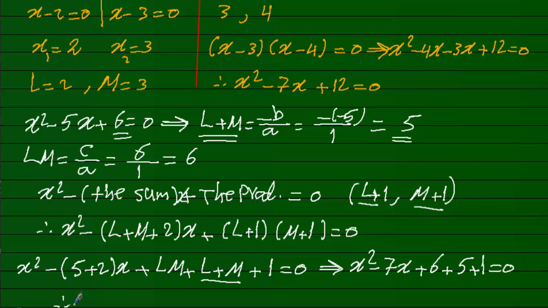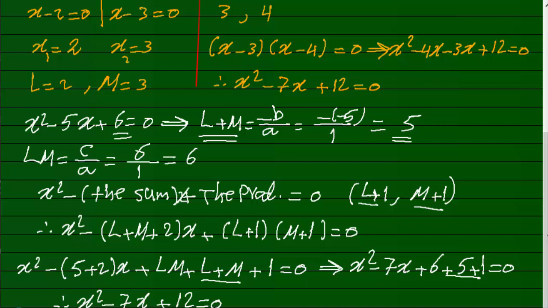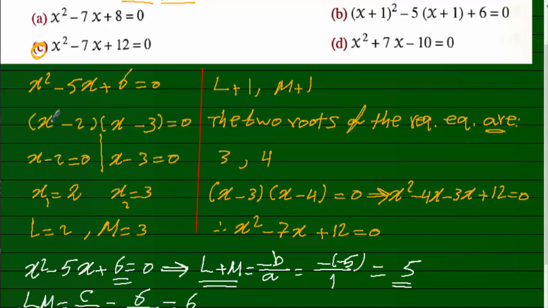So the required equation is x squared minus 7x plus 6 plus 6 plus... here equals 12, so all equals 0. And again, we choose letter C, and we got the same solution. Okay.